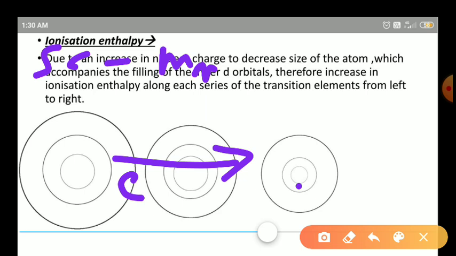If we add more electrons, that is electron gain enthalpy, we are telling about electron gain enthalpy. Moving along the period, the size of the element is small. So already we have discussed that the effective nuclear charge here is greater: from scandium to manganese, the effective nuclear charge is greater than the screening effect.